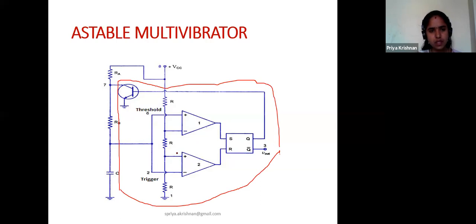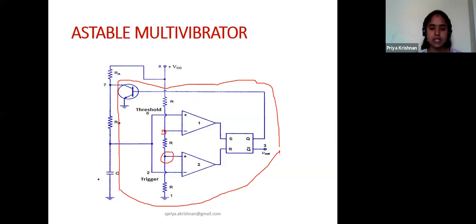In the astable multivibrator, while discussing the concept itself, we discussed that there is no trigger. It is a free running oscillator. Once you switch on the multivibrator, it will keep on running, and it will keep on releasing the square wave output. So how is it doing so? See, this point is 1 by 3 VCC and this point is 2 by 3 VCC.